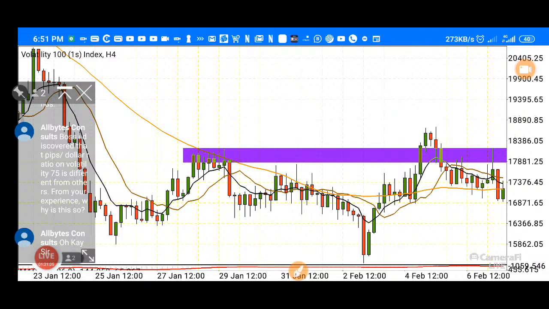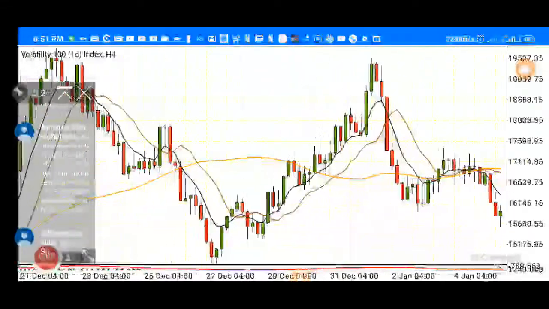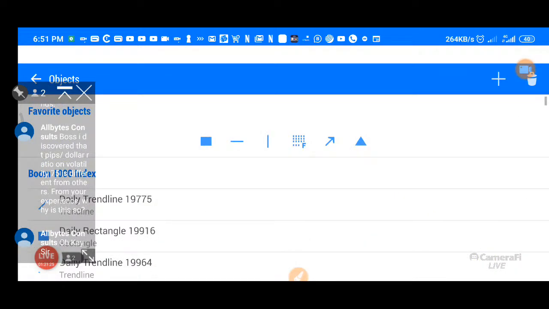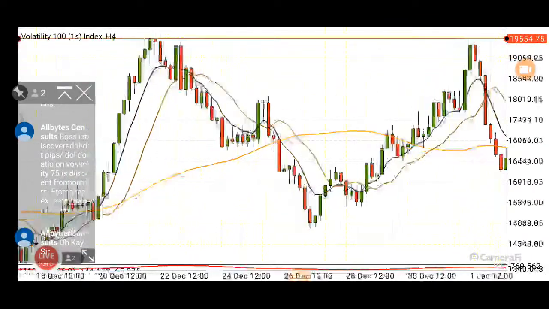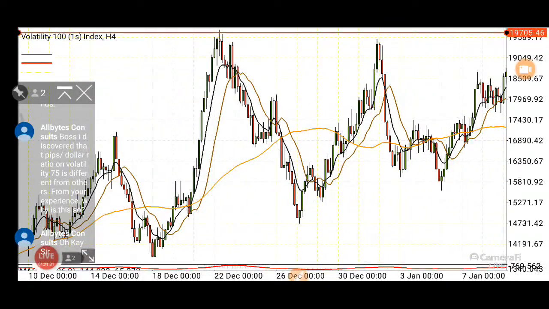So the difference now is, for example, there are some places where when we draw levels, the market doesn't touch the level and it starts going the way we were expecting it to go, and it would not have touched the level. For example, see this level. See this level here.